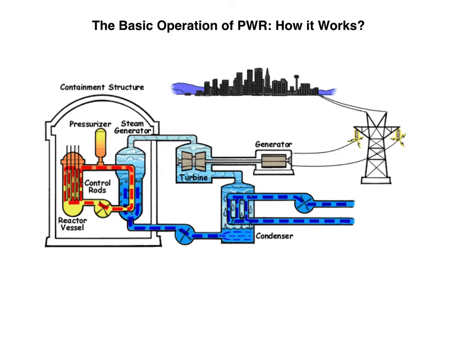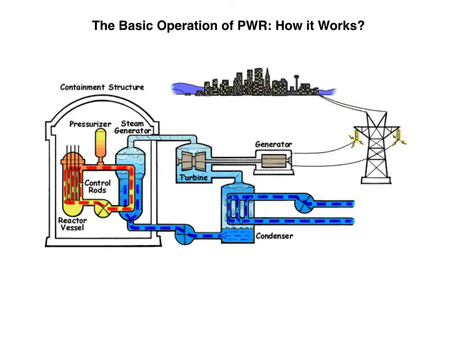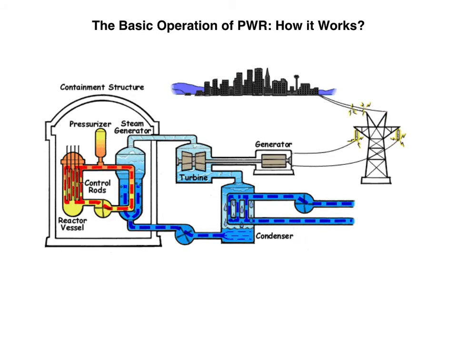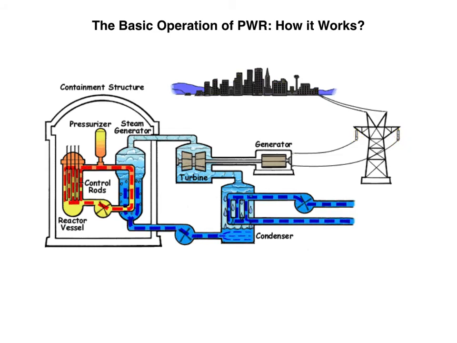Second, the pressurized water in the primary coolant loop carries the heat to the steam generator. Third, inside the steam generator, heat from the primary coolant loop vaporizes the water in a secondary loop, producing steam.